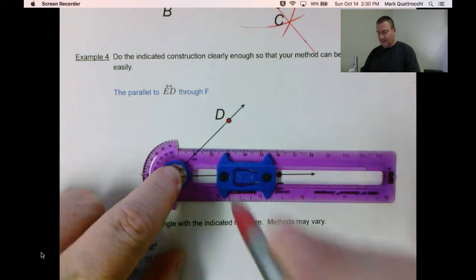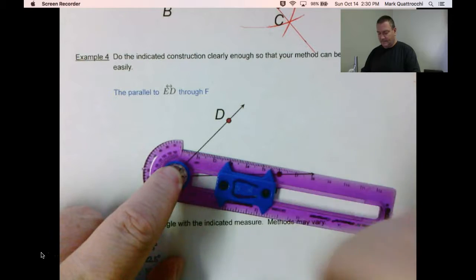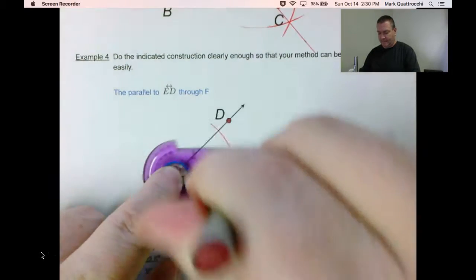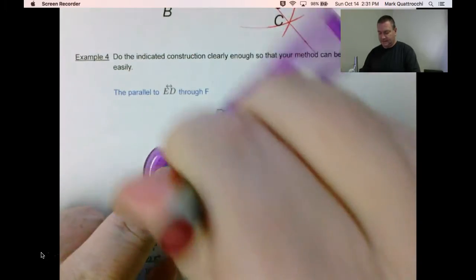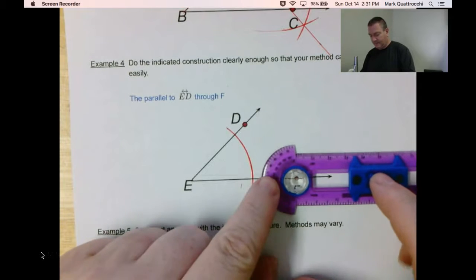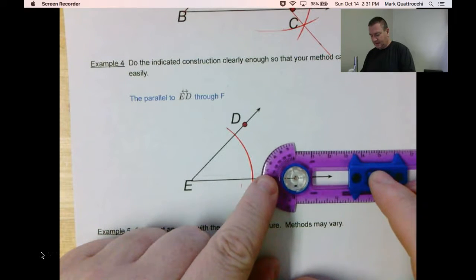Oh, let's make an arc. Make it a little bit bigger. An arc that hits ED and EF. Copy this same arc.